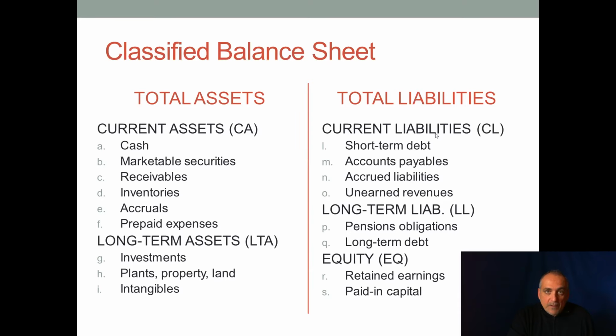So again, 3 categories that should be very familiar to you: current liabilities, long-term liabilities, and equity. Nothing different from what we do in Italian. The terminology changes. The idea is the same. In this case, we have a different way of expressing things.